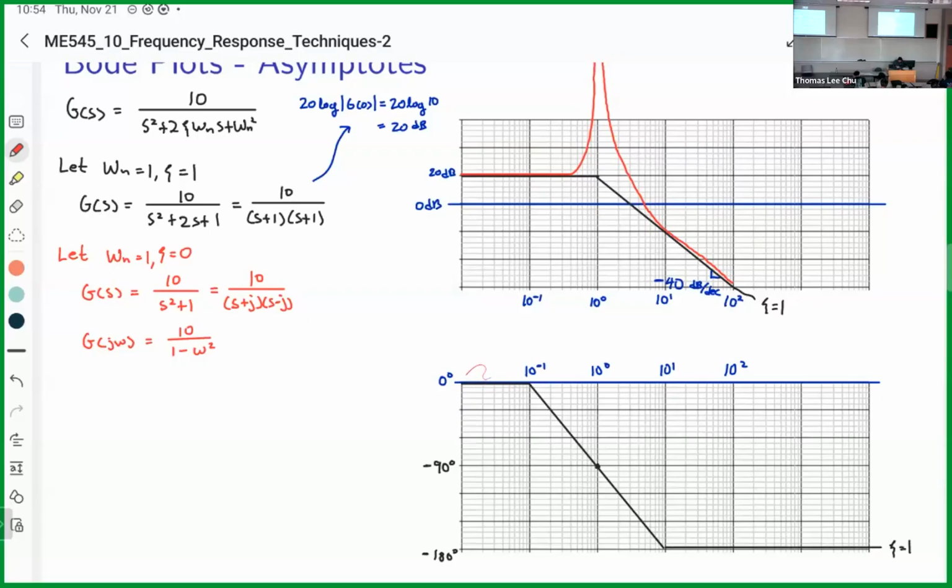For the undamped system, the phase is going to be 0 degrees, and then when we hit the break frequency, it's an instantaneous drop to minus 180 degrees, then it's flat.